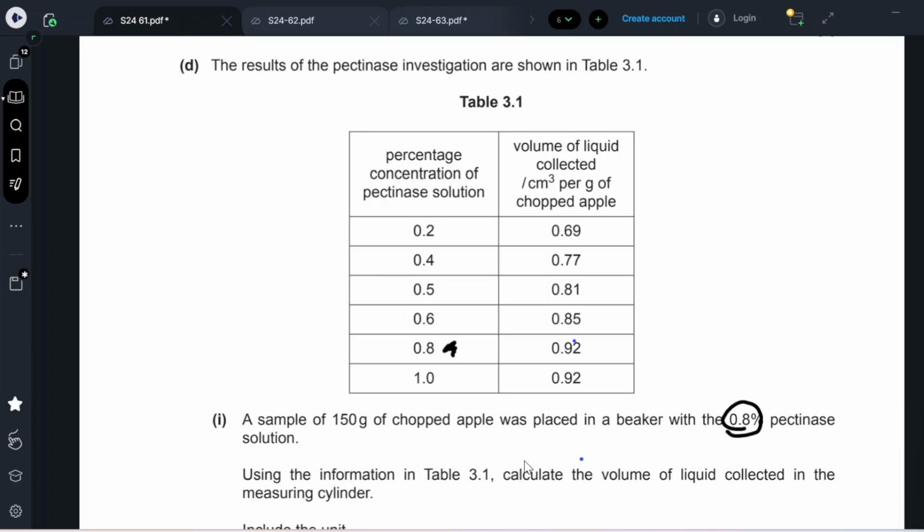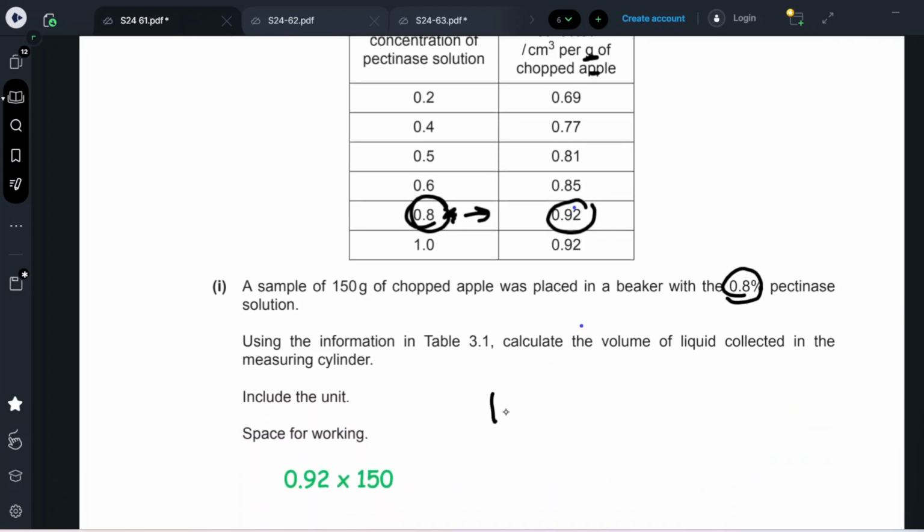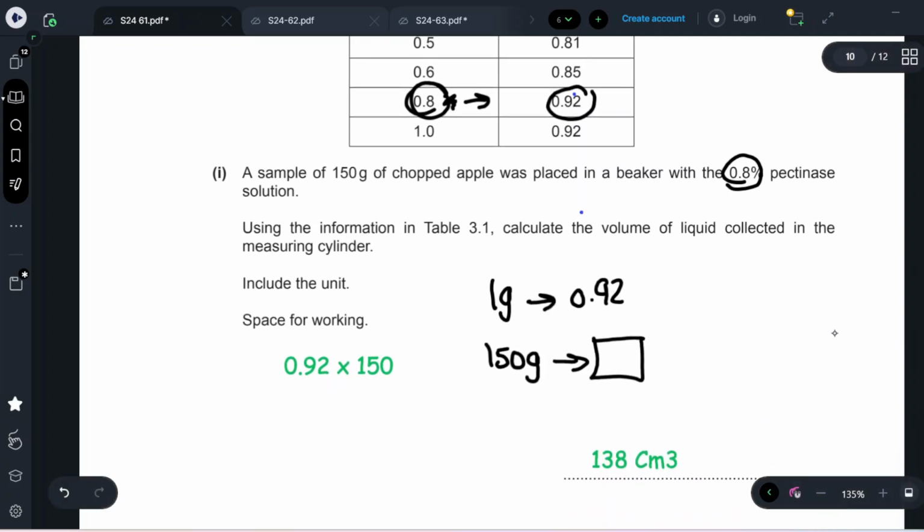In the table, it tells you that at this concentration, 1 gram of apple gives 0.92 juice. So if you want to calculate 150 grams of apple, cross multiply: 150 times 0.92 divided by 1. It will give you the volume of juice, 138 cubic centimeter.